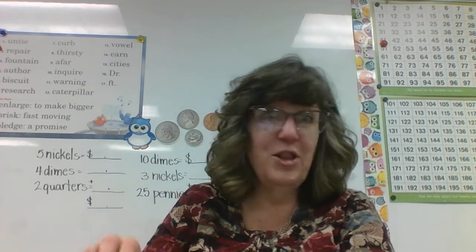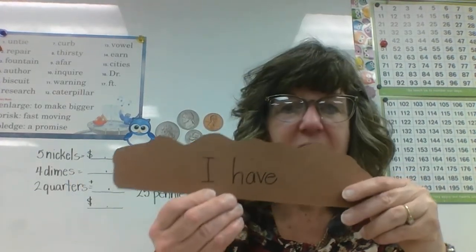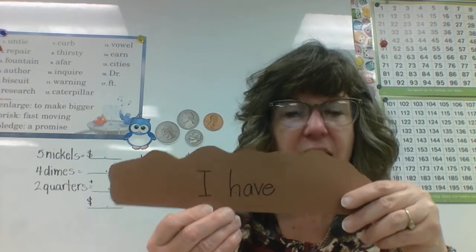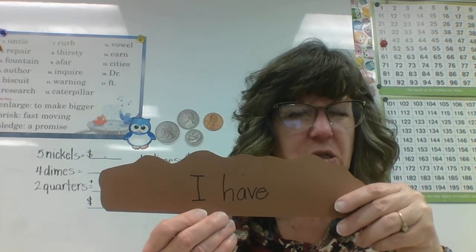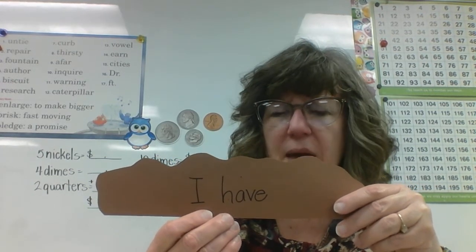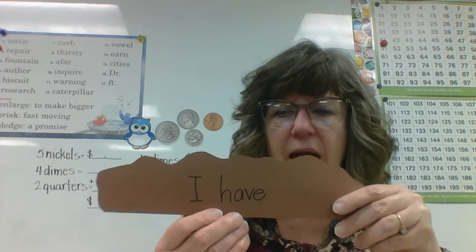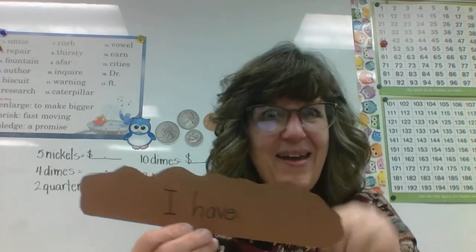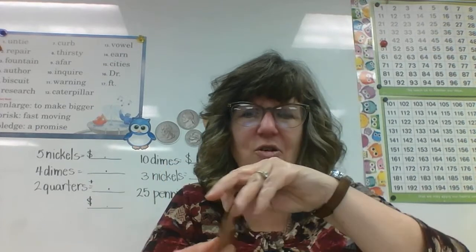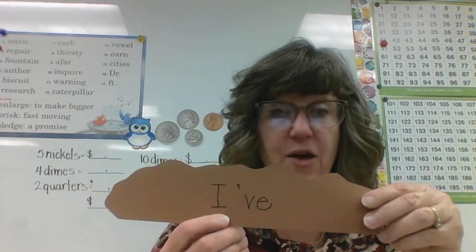Here we go. The next one is Lucas. Lucas, I have. Think about that, Lucas. What are we going to take out and make a contraction? I have. Hey, before I even ask, you gave me the answer. That answer is I've.